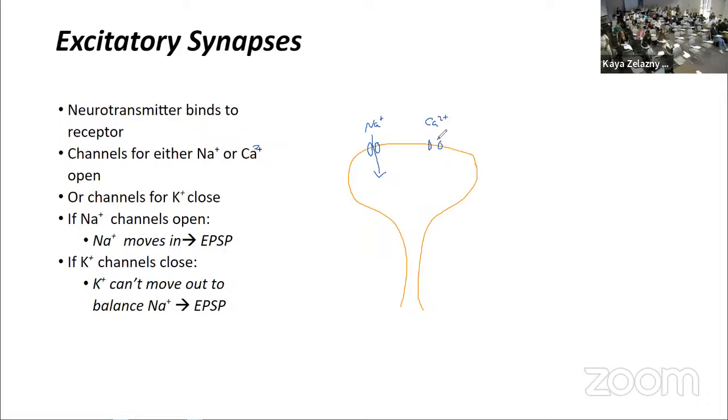Right? So if we open these channels, this is the direction these ions will flow. Extra bit from that previous example was that if we close the potassium channel, potassium gets stuck and can't escape. All of these are examples of things that would cause excitatory postsynaptic potentials.